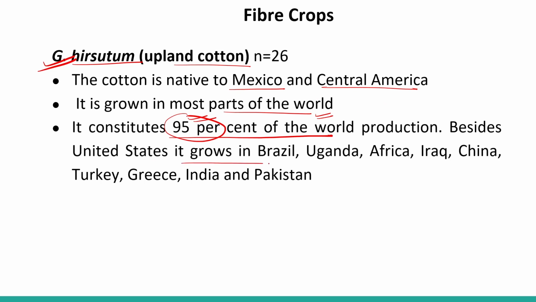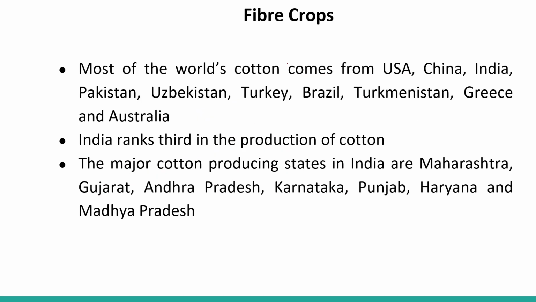Besides the United States, it grows in Brazil, Uganda, Africa, Iraq, China, Turkey, Greece, India, and also in Pakistan. Most of the world's cotton comes from USA, China, India, Pakistan, Uzbekistan, Turkey, Brazil, Turkmenistan, Greece, and Australia.